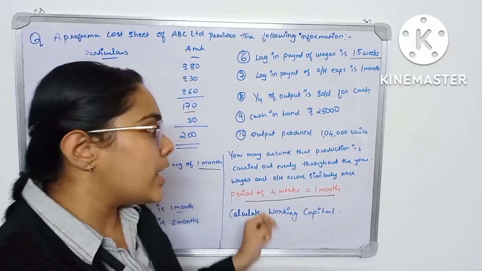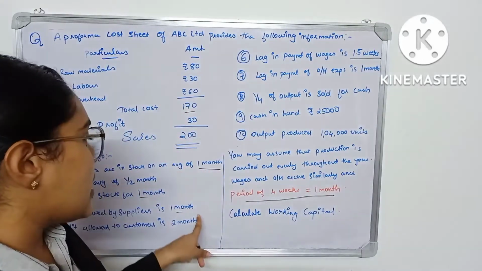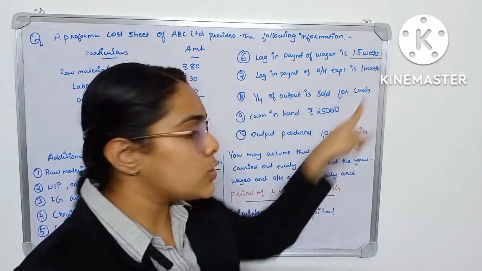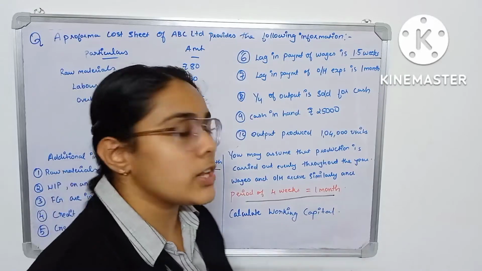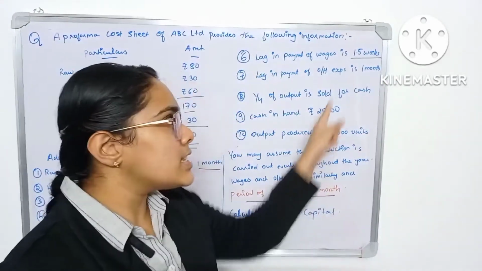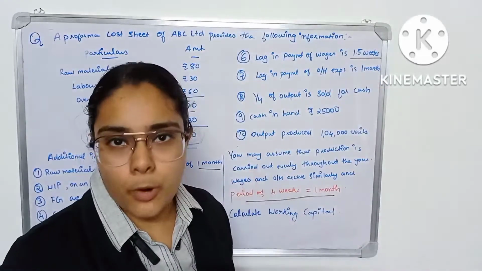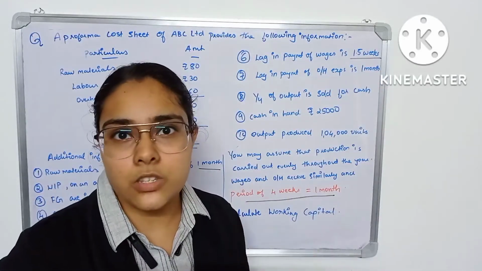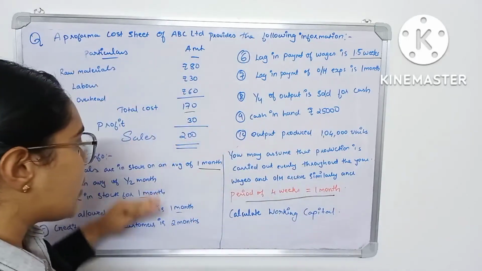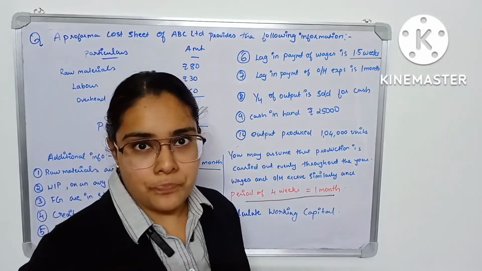So here two measurements are given, one in terms of month and other in terms of week, and you are also provided the information 4 weeks is equivalent to 1 month. Since 1.5 weeks you cannot convert into a month, you can calculate every item in terms of weeks.